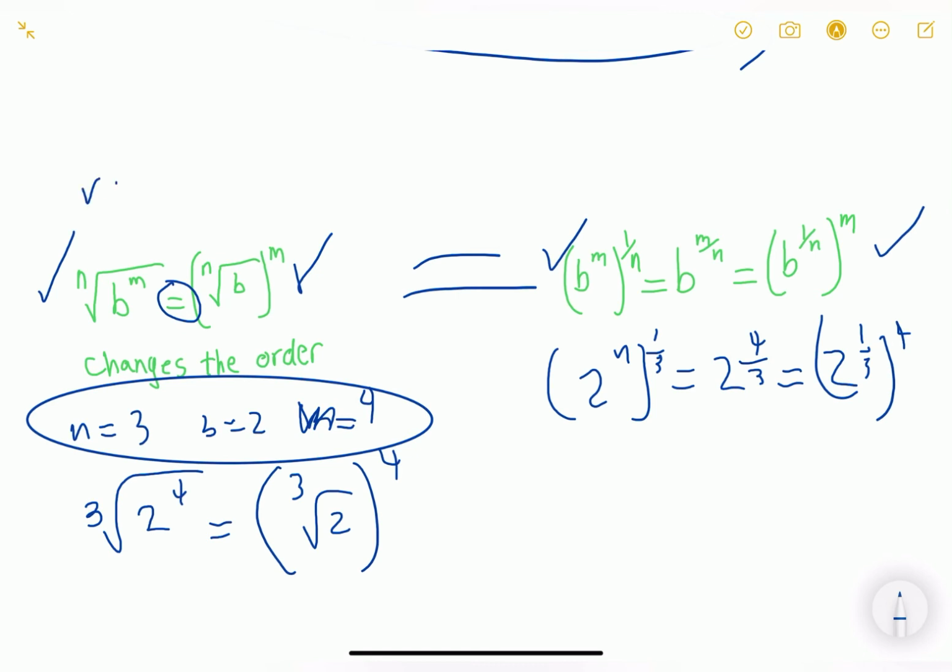Now this is the radical rule and this is the exponential equivalence. I think it would help greatly if you refer back to the exponents rule video, and I encourage that.